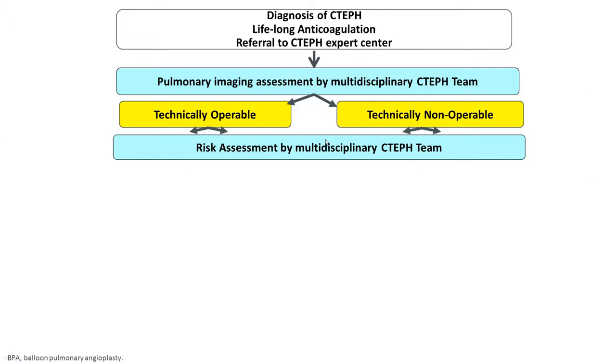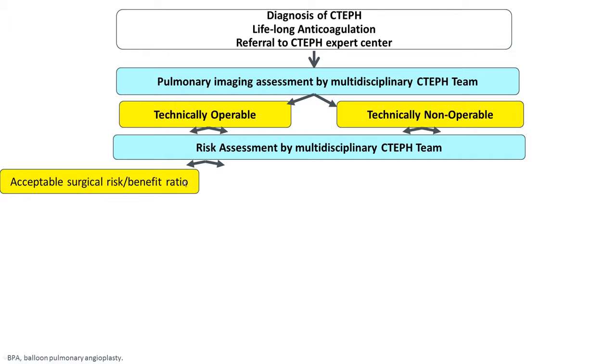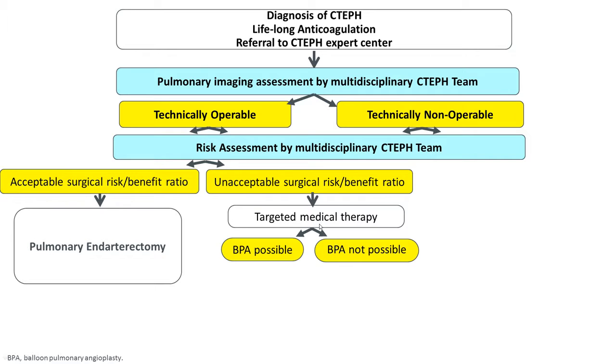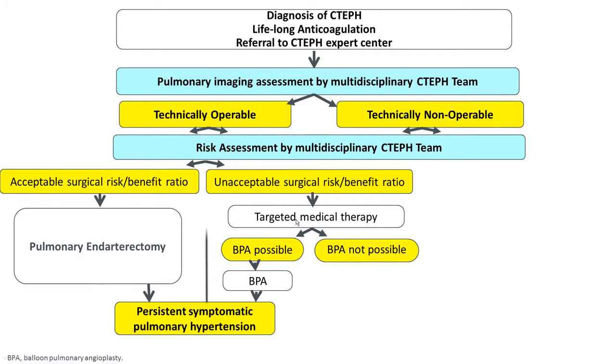Of course, technical operability is a first assessment, but it's really the imaging that should be here first, and then if the risk is acceptable, pulmonary endarterectomy will be performed. If it's not acceptable, medical treatment, and then is BPA possible? Can we use a BPA risk score? And then BPA will be performed.